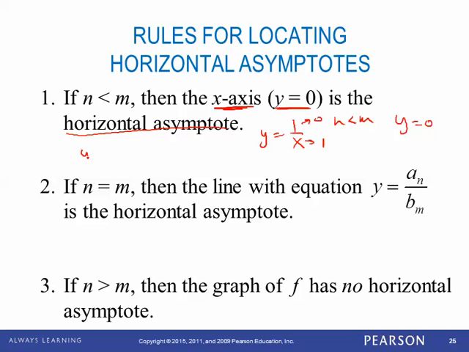Or a little different example here. How about this one here? 3x to the 5th plus 7x minus 4, and we have on the bottom 4x to the 6th. Degree on top 5, degree on the bottom 6.